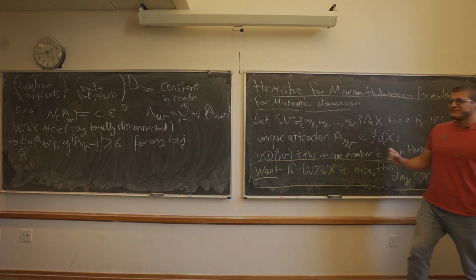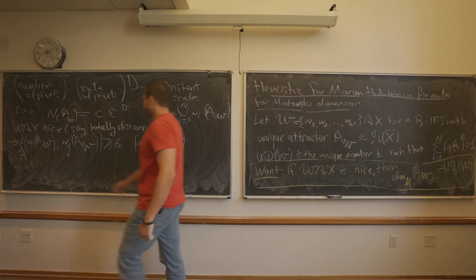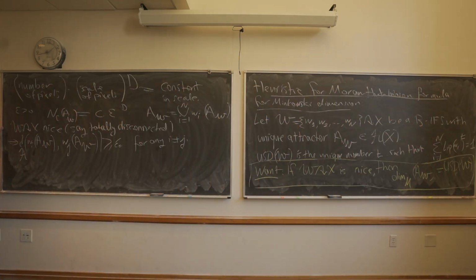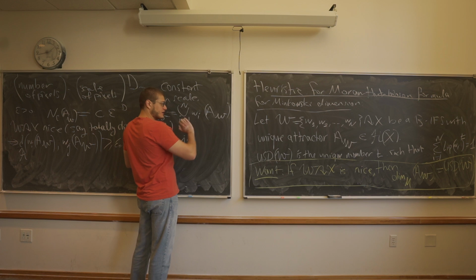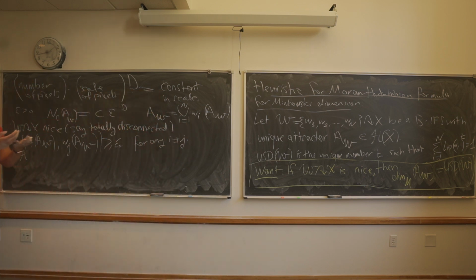That means that if I take my epsilon, my scale, small enough, the N epsilon contributions coming from these different pieces are not going to overcount.